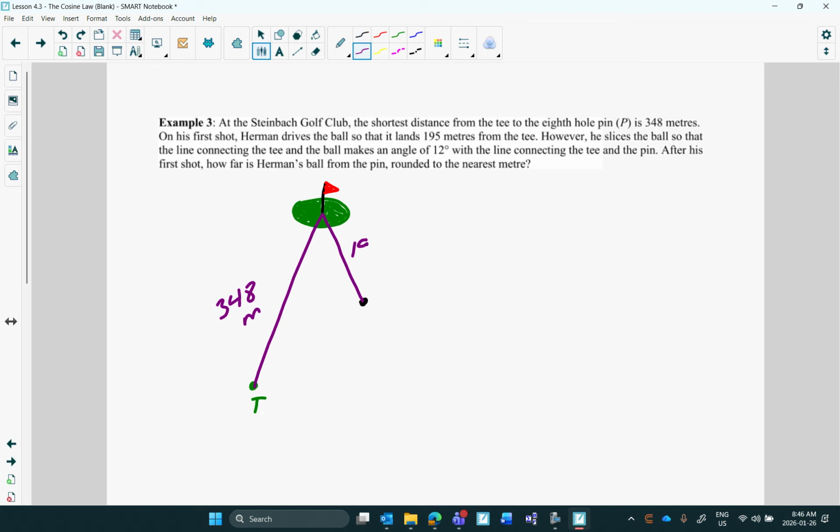So that these 195, or sorry, not from the pin, from the tee. This is 195. And the angle between if you hit it straight and when you hit it off to the right is 12 degrees.